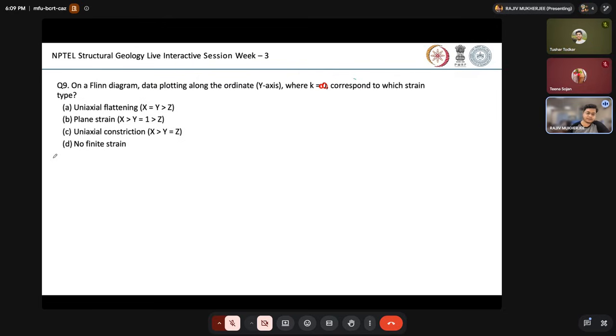Okay, so the answer is, it will be uniaxial constriction. In a Flynn diagram, we commonly express in these ratios.